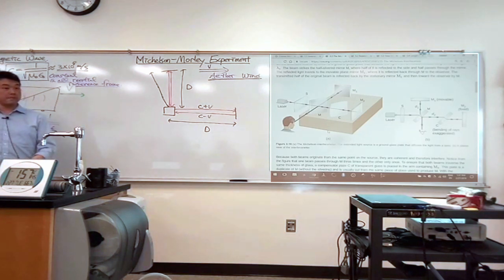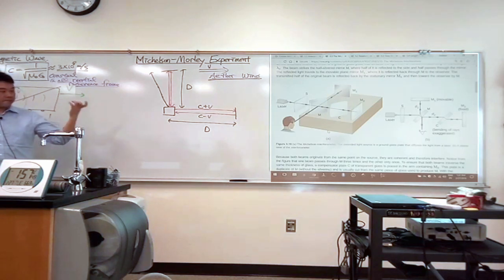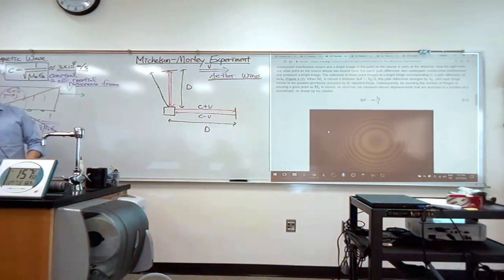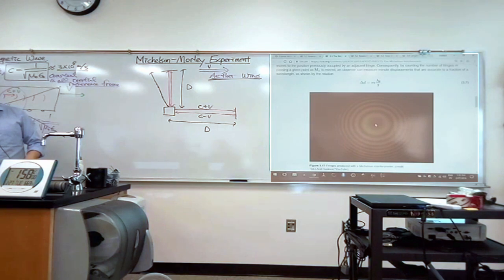And when I plug in the numbers, I will compare the time difference with some, let's say, frequency of light. Because that's going to give you when you are going to get one fringe of difference, right?